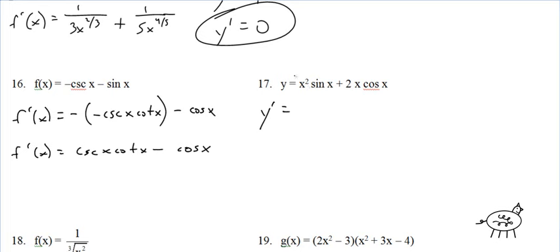This one, just a little bit more work here. Using product rule for this guy and for this guy. Okay, so first times derivative of the second plus the second times derivative of the first. And then, guys, you don't need to multiply that by 2. It's just plus, and then you can put a 2 on the outside of that if you want.